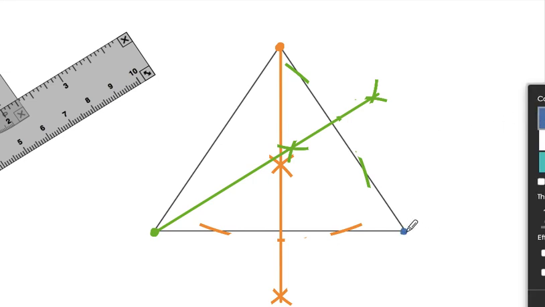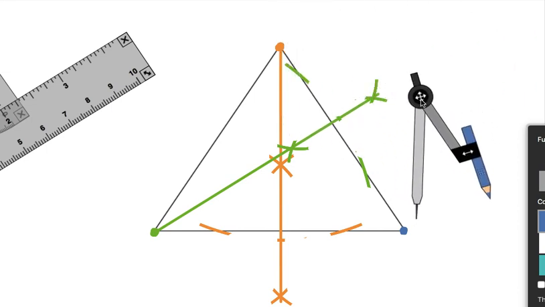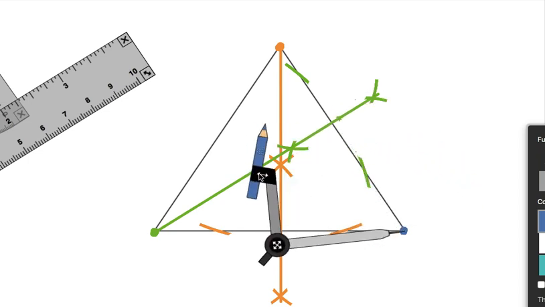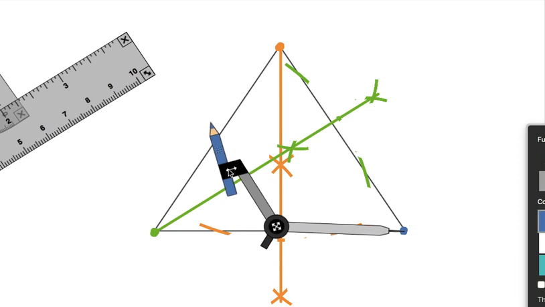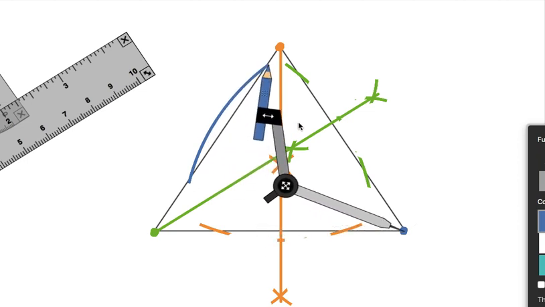We're going to look at this vertex now, and we want to be perpendicular to this last side. So I put my point of my compass on this vertex. I want to make sure that my compass is over that side of the triangle. And then I can strike my arc so that it intersects the sides of that triangle.